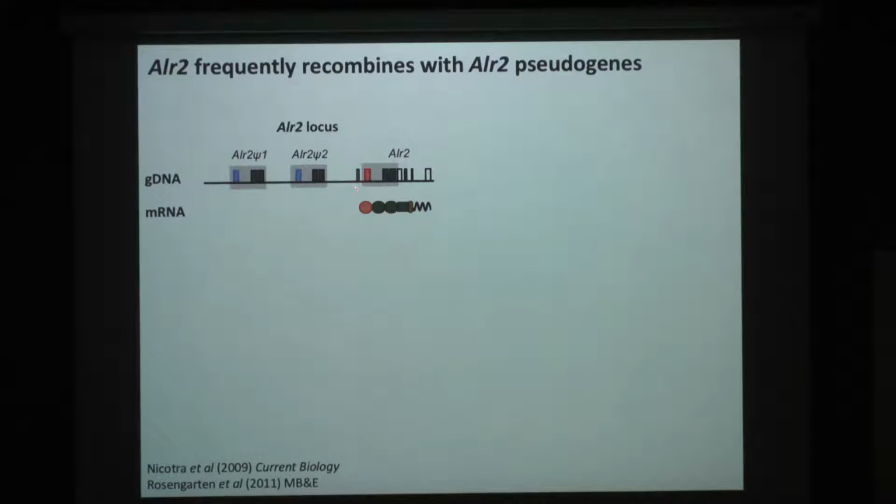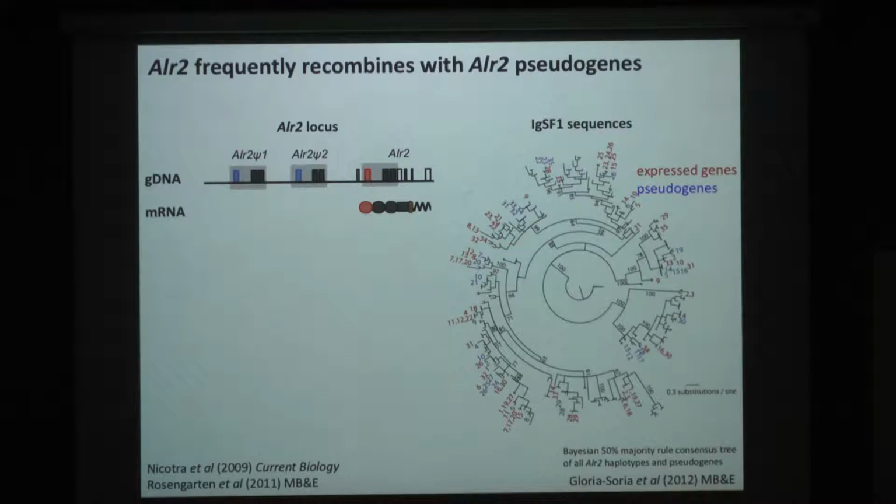And these are actually partial duplications of this part of ALR2. So in each Hydractinia, on each chromosome, there's actually 3 copies of this first domain. There's the functional copy, and then there's 2 pseudogene copies of that first domain. And what Andrea did when she did that big population study was she sequenced not only the expressed allele, but also the pseudogenes from the genome.